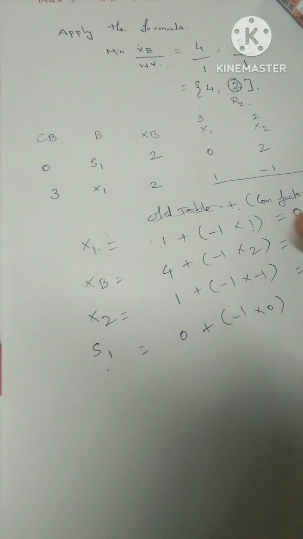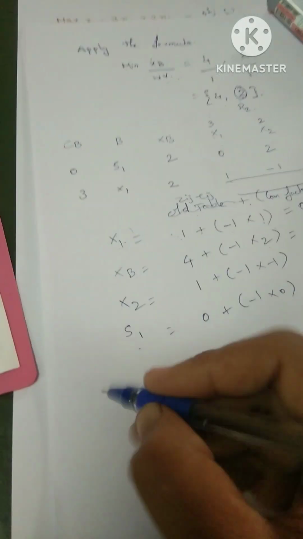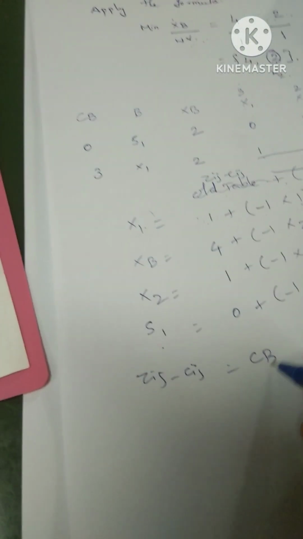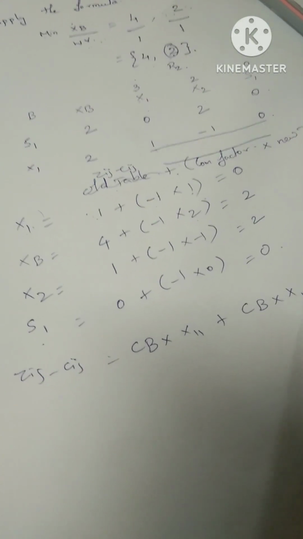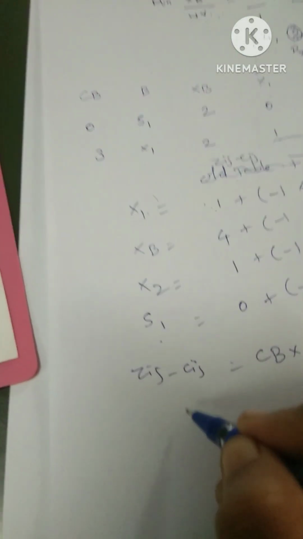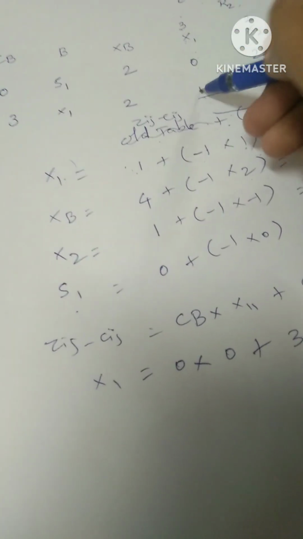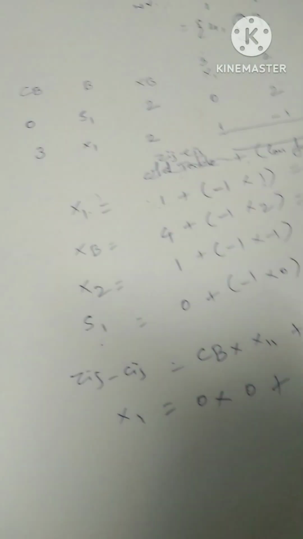After this, as usual, we have to find out the Zij minus Cij. So the formula for Zij minus Cij is Cb into x11 plus Cb into x12 minus objective function. So accordingly, for x1, the Cb is 0 into x1 is 0 plus Cb is 3 into x12 is 1 minus objective function is 3.